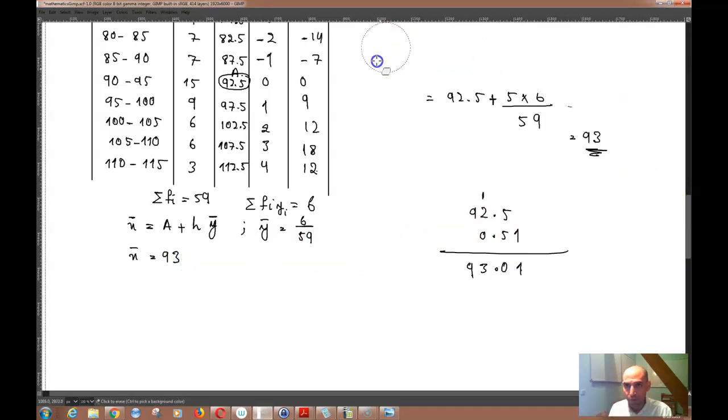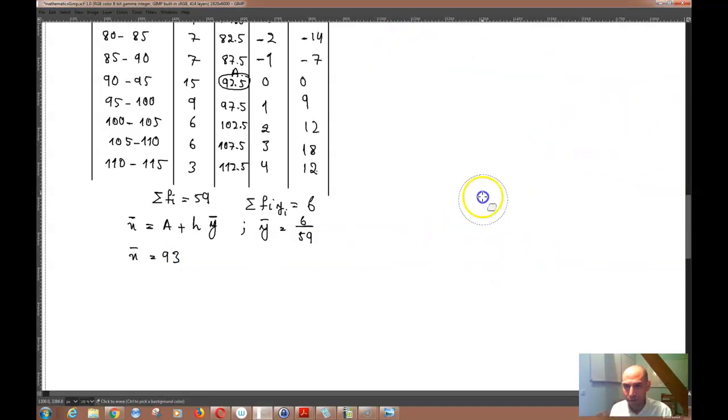So now what we can do is calculate variance and standard deviation.